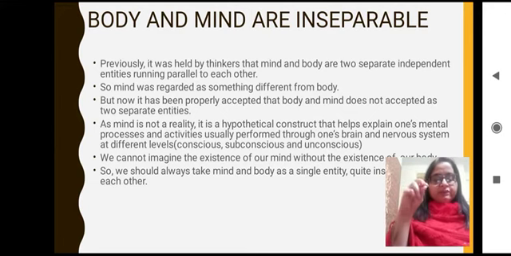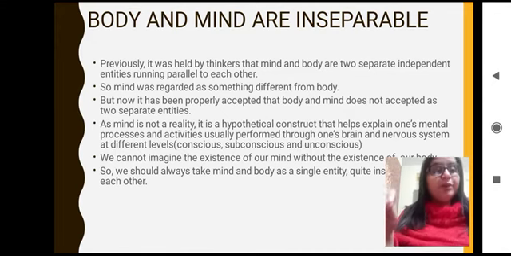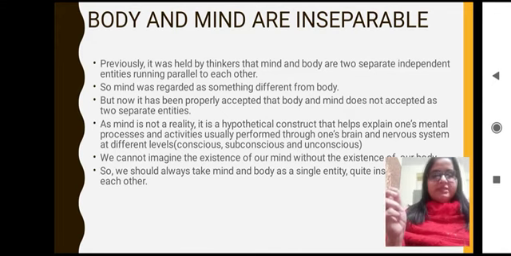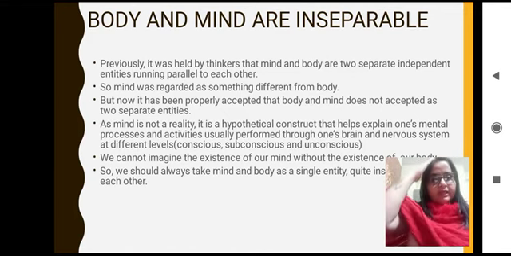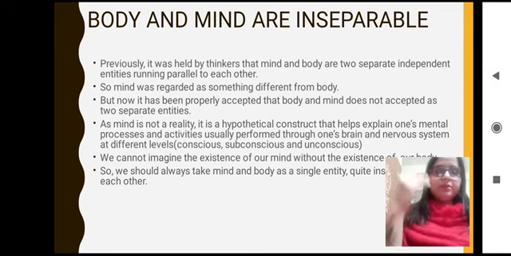And we cannot even imagine the existence of our mind without the existence of our body. What is the reason? When we study the body, we study our digestive system, our cardiovascular system, and the nervous system also. So the brain and nervous system are part of the body.